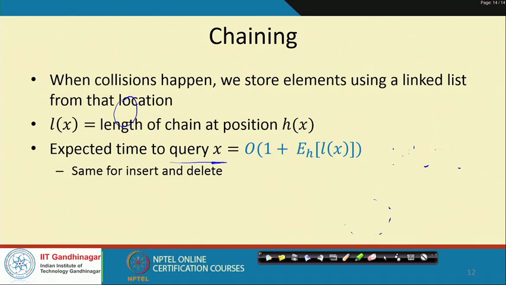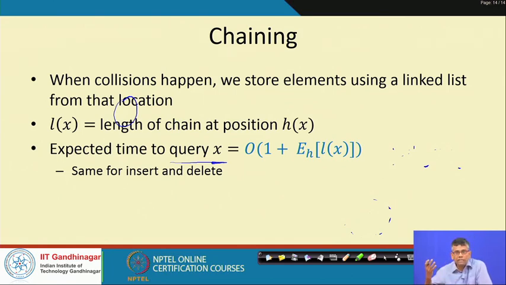How do we get the expected time for a query? Suppose the query is the element x. Denote by L of x the length of the chain starting at position h of x. Therefore, the expected time to query the element x, to say yes or no whether this element x belongs to the hash table or not, is given by this expression.